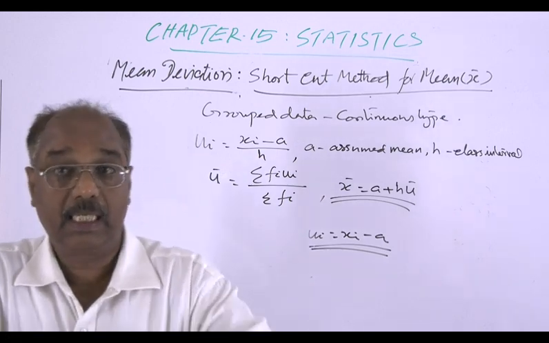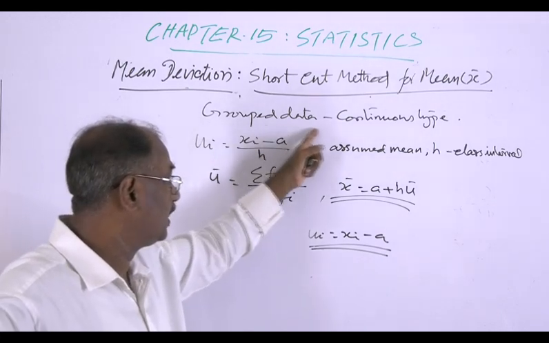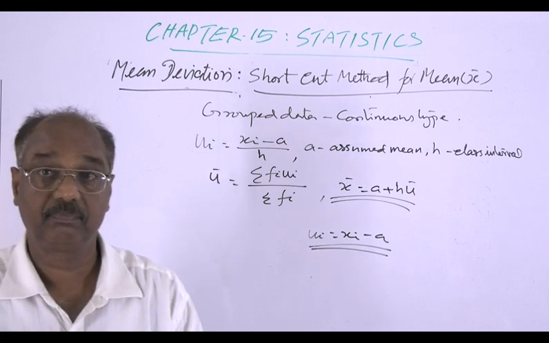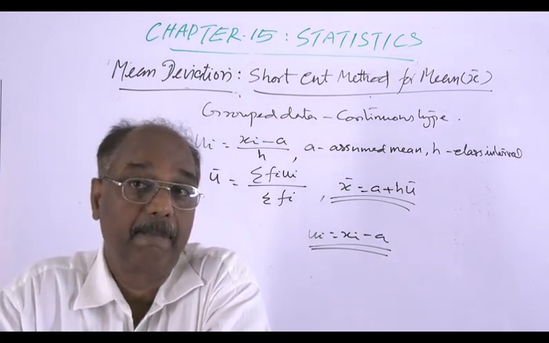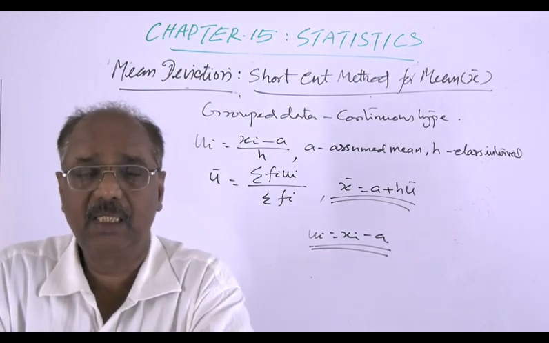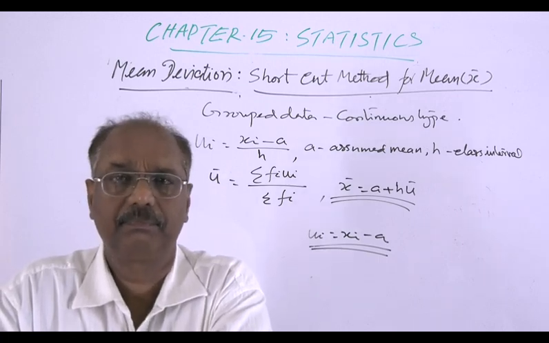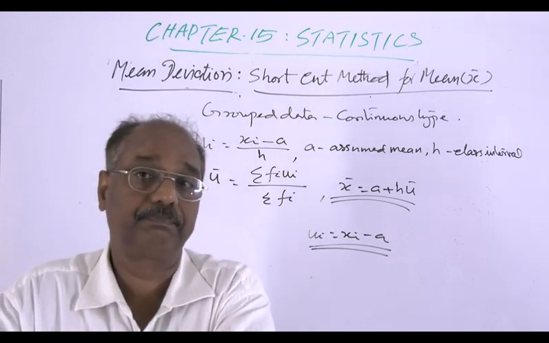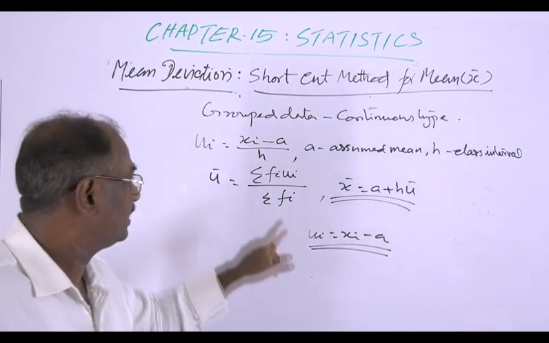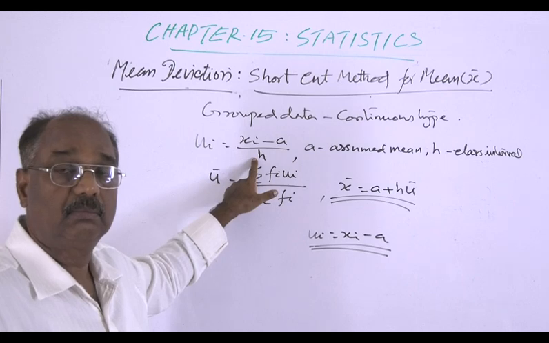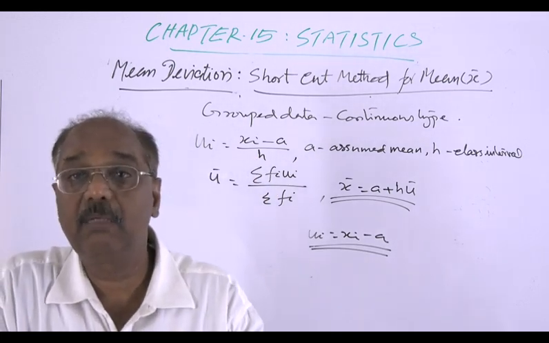Okay? Again, we use this shortcut method for grouped data of continuous type. For other cases we usually do not apply it, because in that case the numerical work may not be similar. In those cases, we do not have the class interval h, so we have to use a suitable constant in place of h.